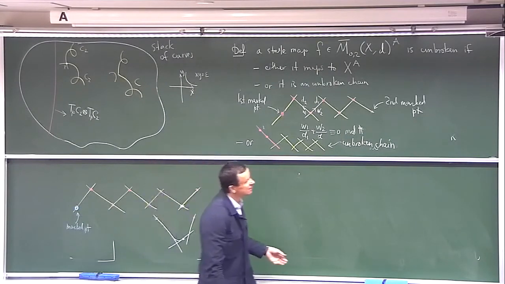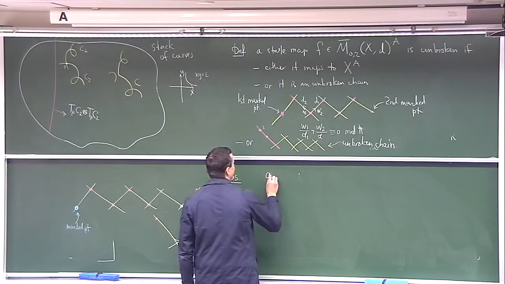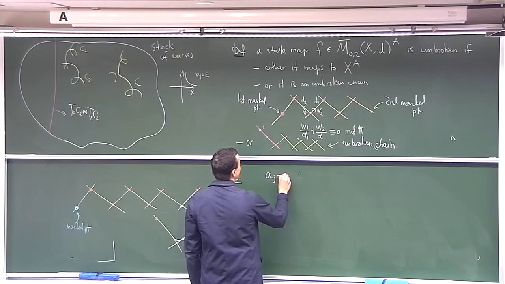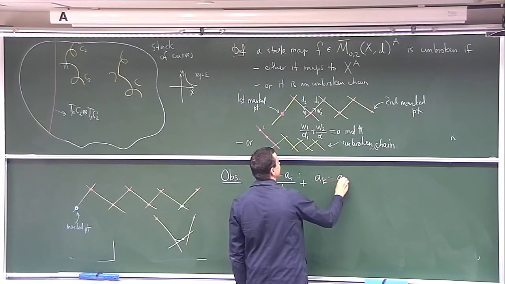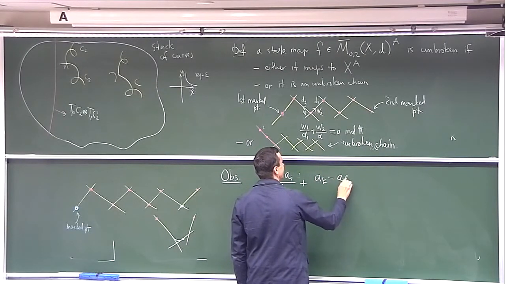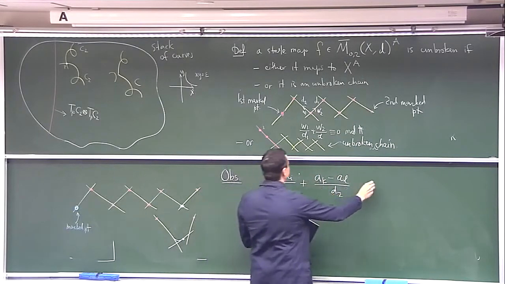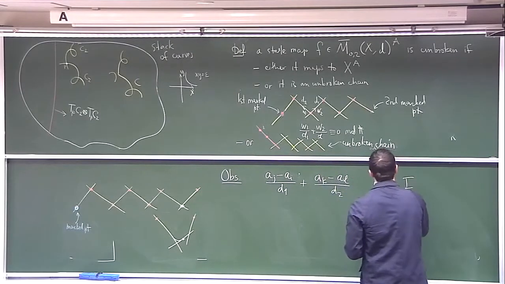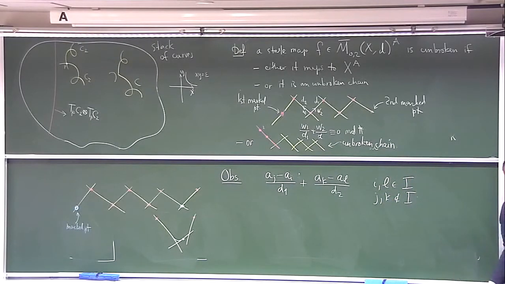These tangent weights: concretely you're looking for relations of the form (aj minus ai) over d1 plus (ak minus ai), maybe al, over d2, where i and l belong to I, and j and k do not belong to I, and there's no solution to this. They're just not proportional at all. So this has no solutions. So you cannot have a chain.